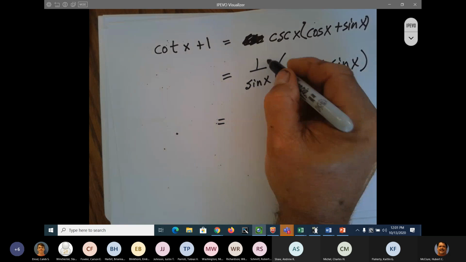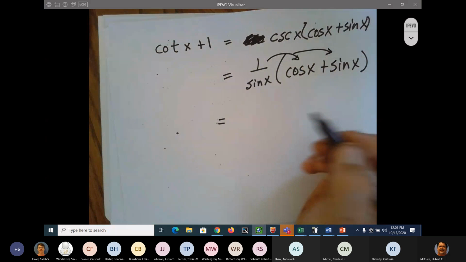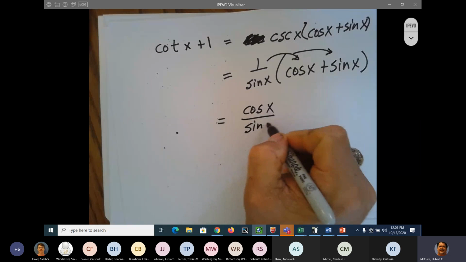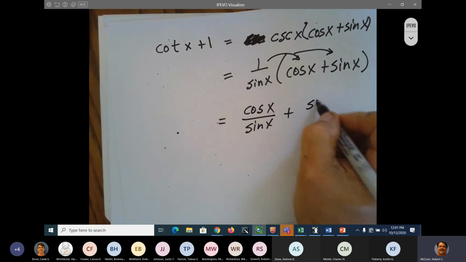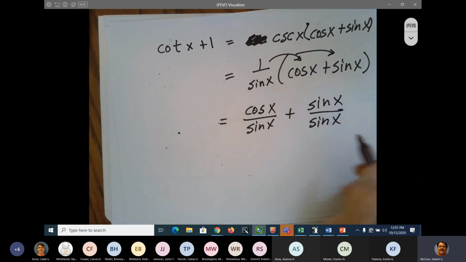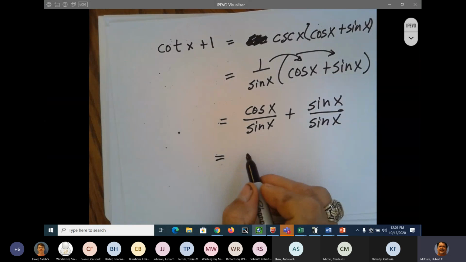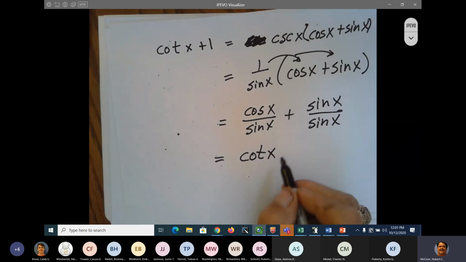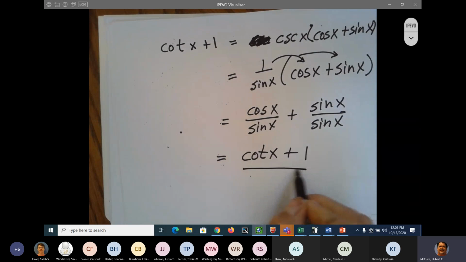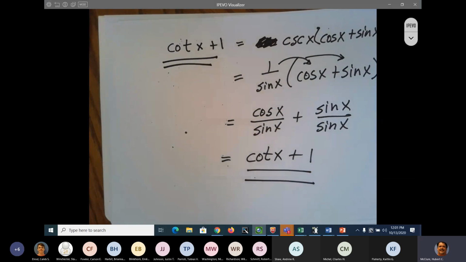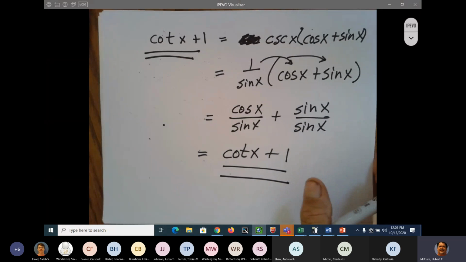Distribute it. Cosine of x over the sine of x plus the sine of x over the sine of x. And what is the cosine over the sine? And what's sine over sine? Ding! No math involved, just algebra.